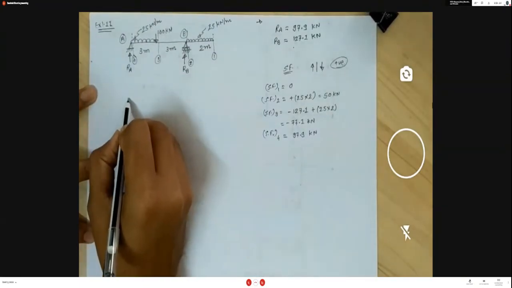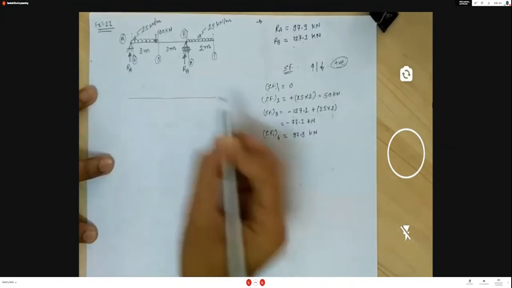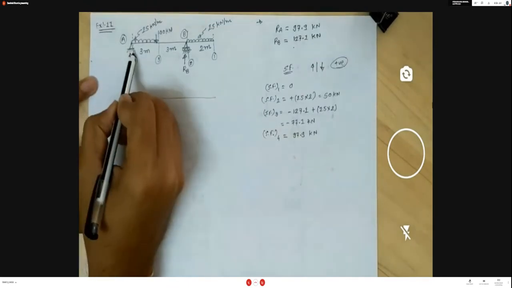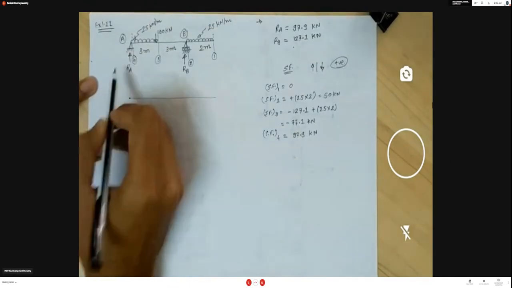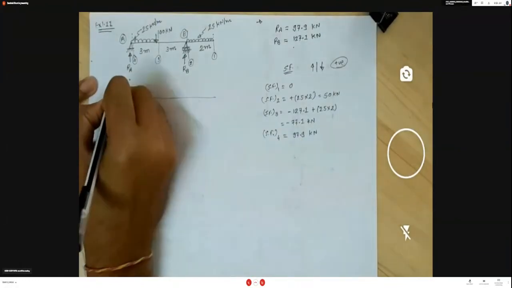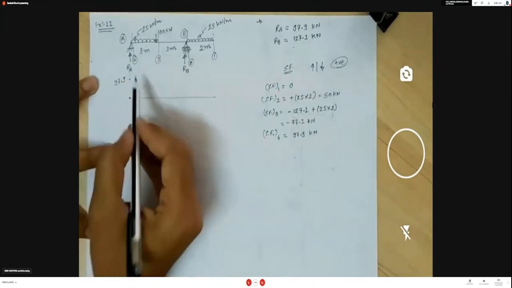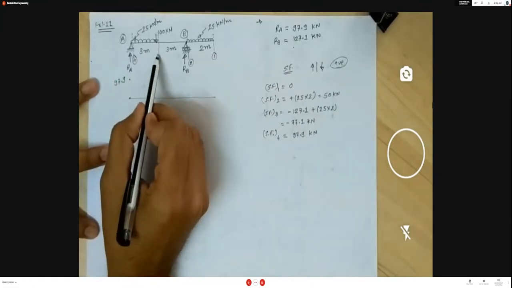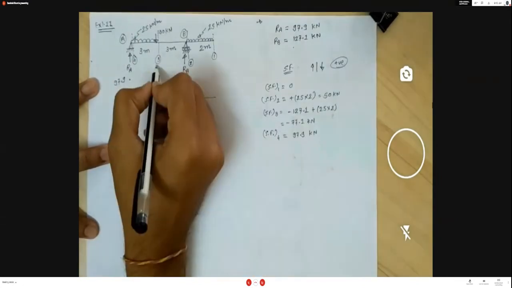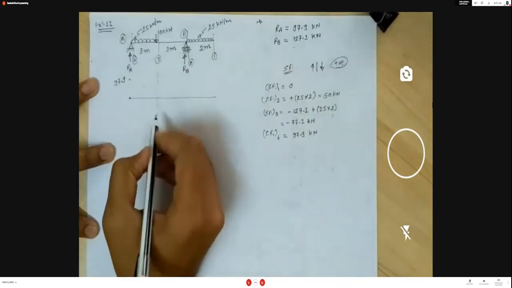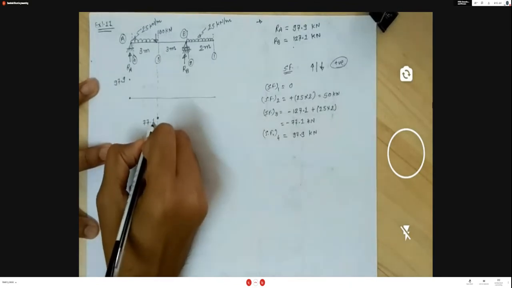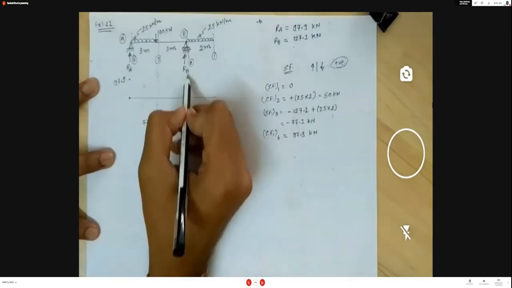Okay. We try to draw the shear force diagram. So consider the reference line. Initially it's 0. Section 4 is just right of A, which means at point A it becomes 97.9. Now at section 3 the shear force value is minus 77.1, so if you consider the section here, its value becomes 77.1. Okay.